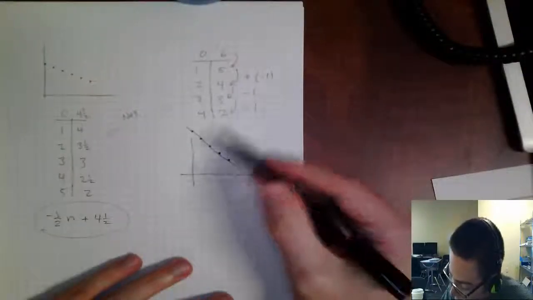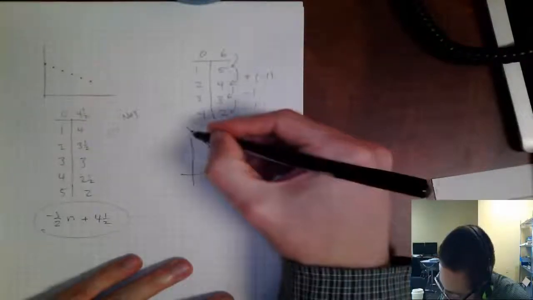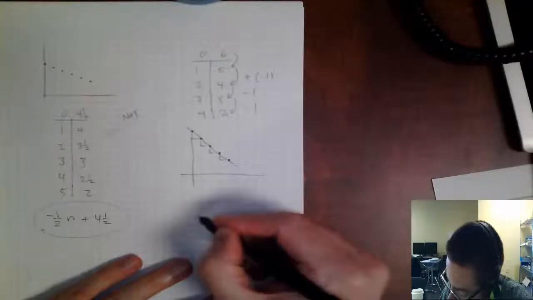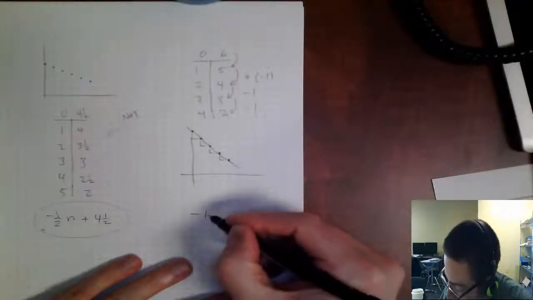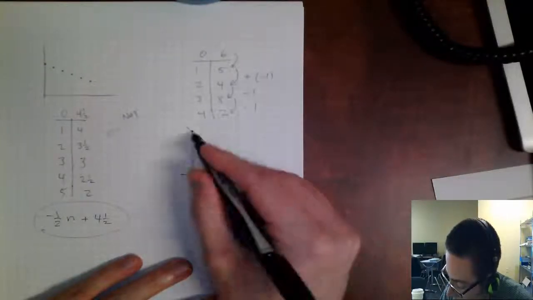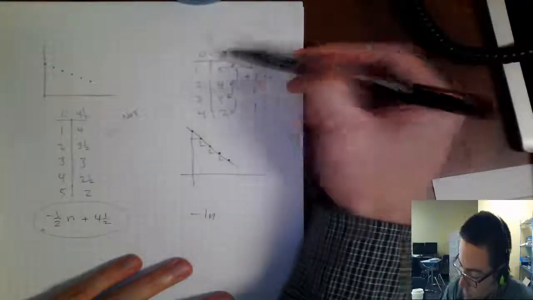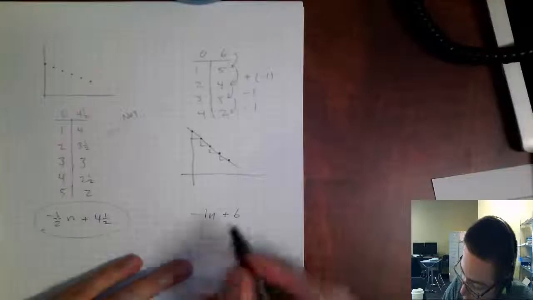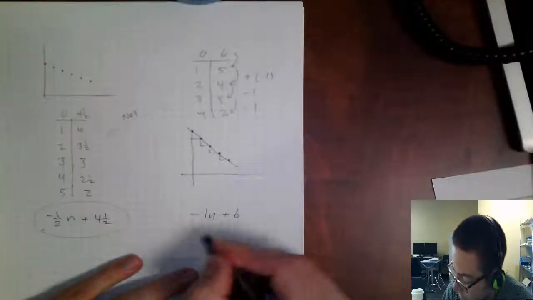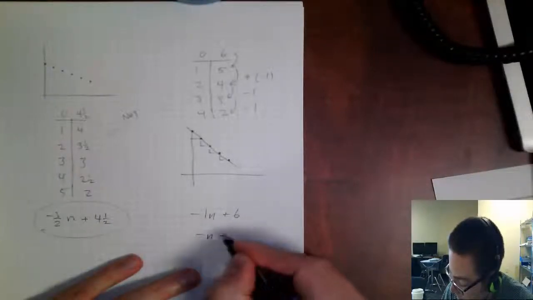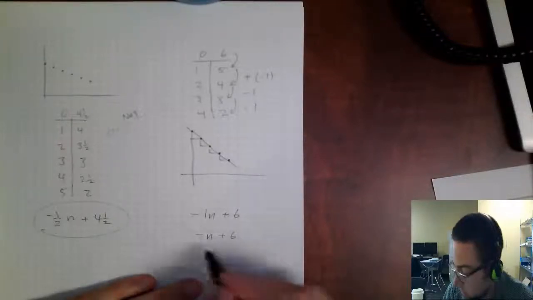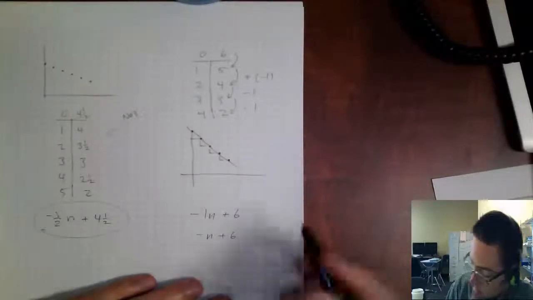And the symbolic representation of this is each time I'm going down by 1, right? So I'm going down by 1, so it'll be minus 1n. And when n is 0, I have plus 6, right? And you might see it like this, minus 1 times n, or you might see minus n plus 6, and drop that 1, because that's not really necessary.